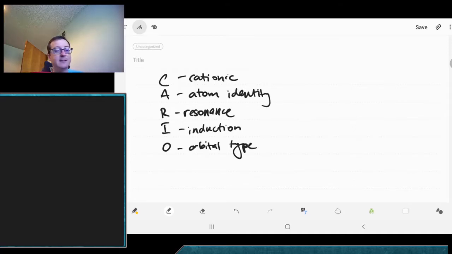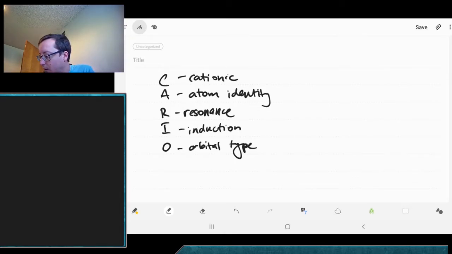Generally, in order, these describe the stability of your conjugate base, which, as we know, determines how strong your acid is. So that's what we've covered so far.